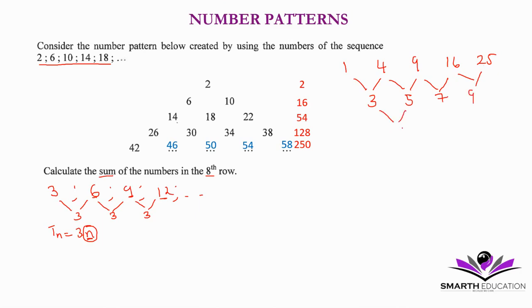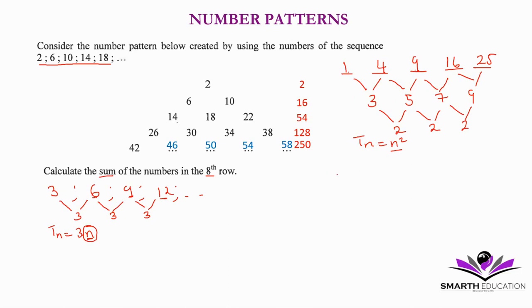And then when it comes to the quadratic sequence, do you see that the second difference is the one which is constant? Now the position, or n, is squared. Like here, Tn is going to be n squared. Like 1 squared is 1, 2 squared is 4, 3 squared is 9, like that.